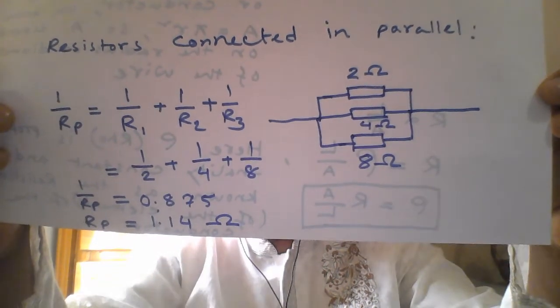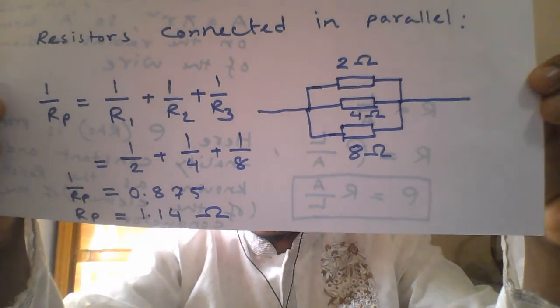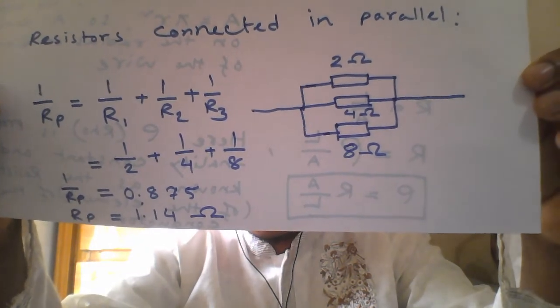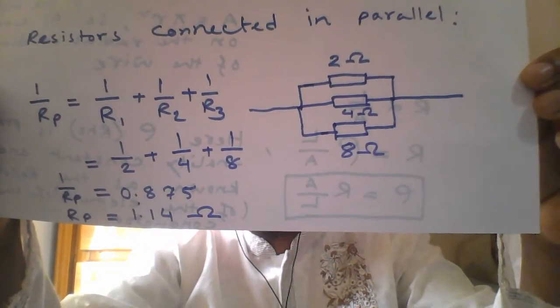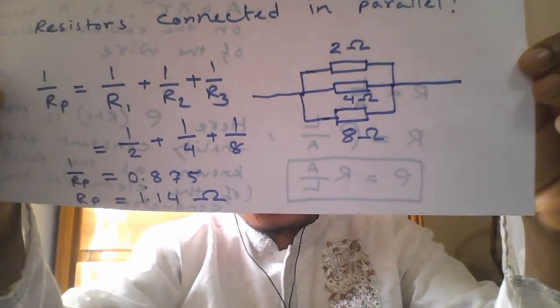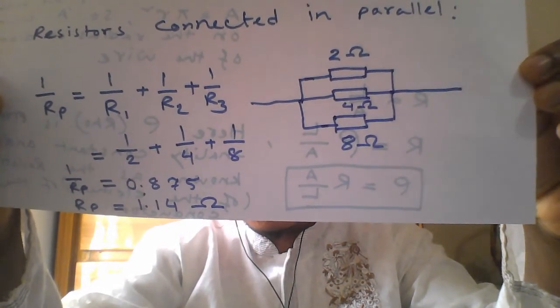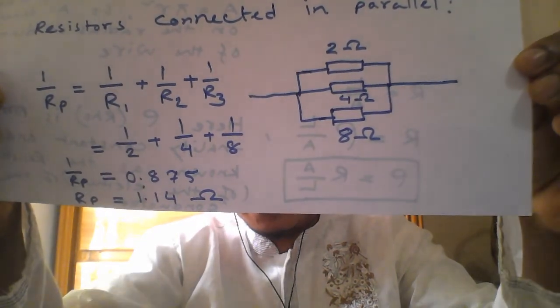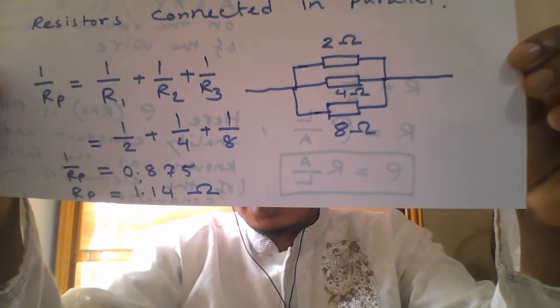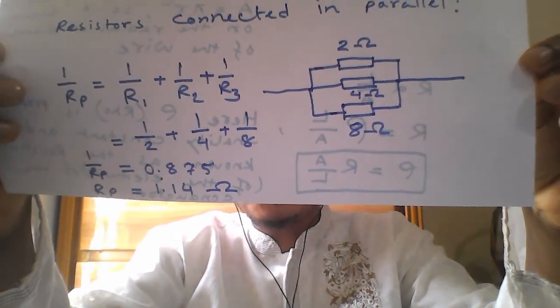If the number of resistors are more, then we will write this way, plus 1 by R4 plus 1 by R5, this way, and so on. Here we got numerical values of the resistors, so we can put them in the formula: 1 by 2 plus 1 by 4 plus 1 by 8. If you calculate them, then you will get 0.875.